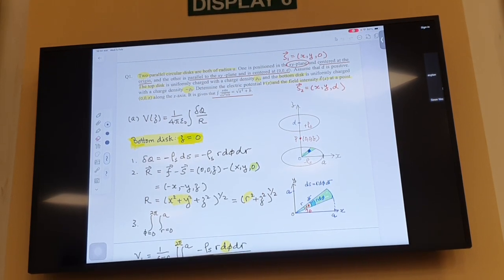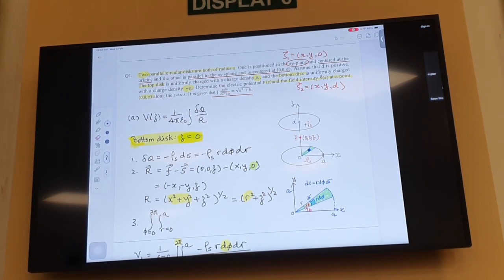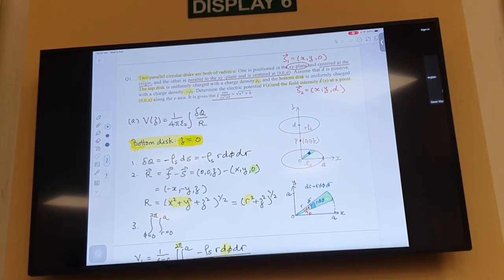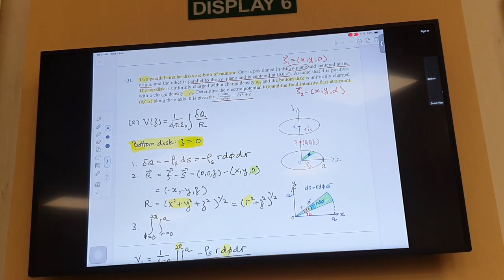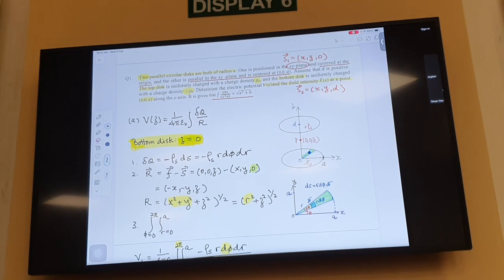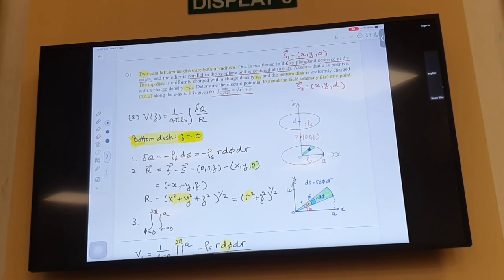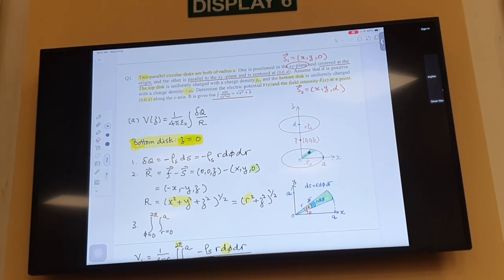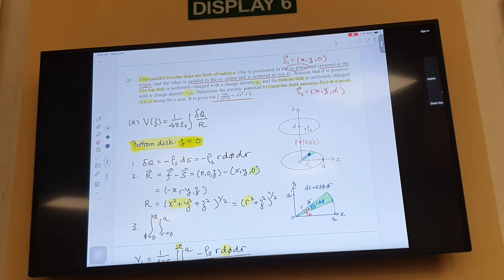Eventually, your solution applies to all axes, all points, either z negative, 0, or positive, everything must be considered. So don't assume your z is positive. This is the only thing I want to let you know. If you assume z is positive, sometimes you get a wrong answer. For example, when you have the square root of z squared, what is the answer? Plus minus z. Plus minus.